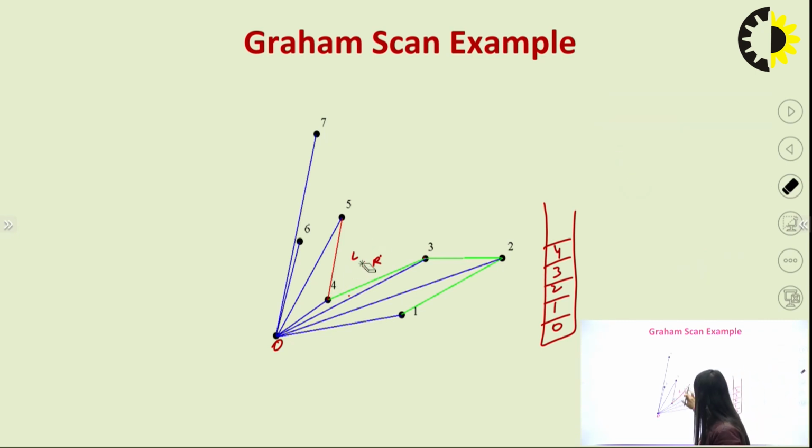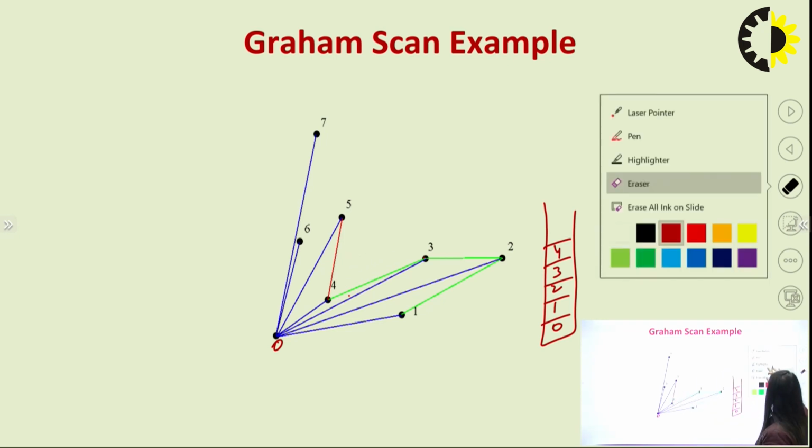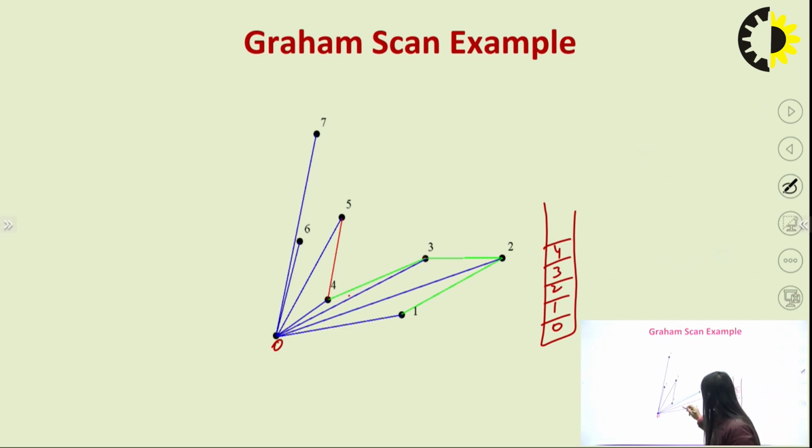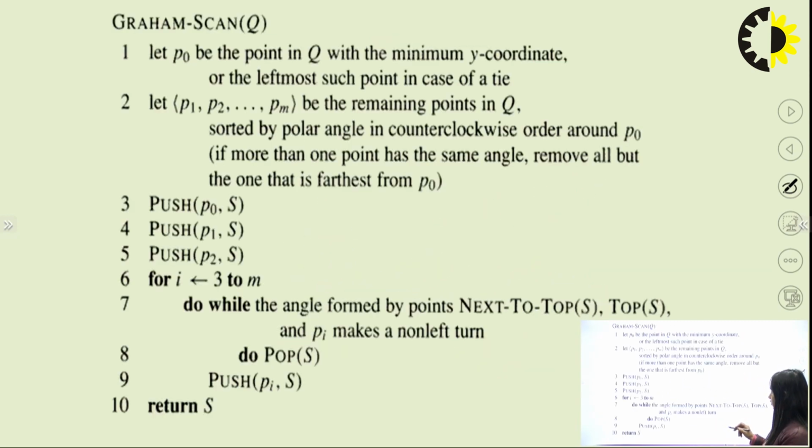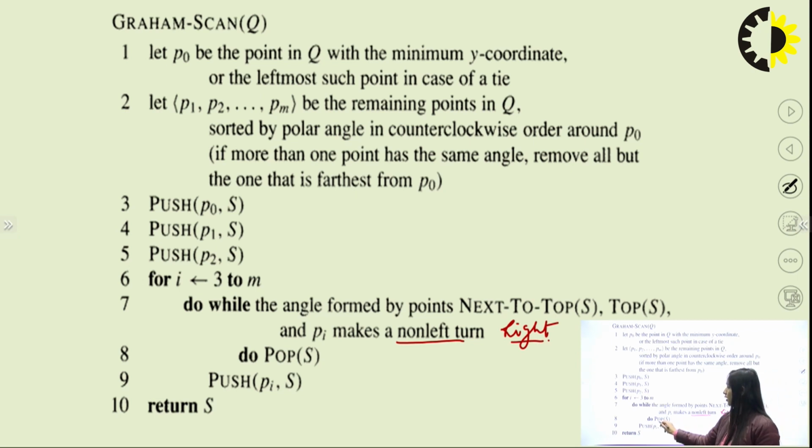Let me erase this point. See, now this is your right side and this is your left side. According to the algo, if it is a non-left turn, then you have to pop, otherwise push.